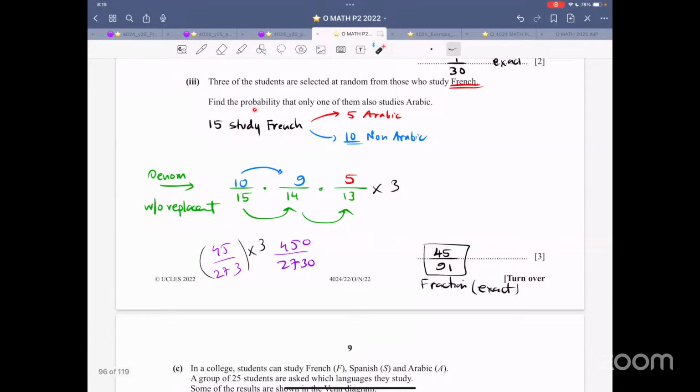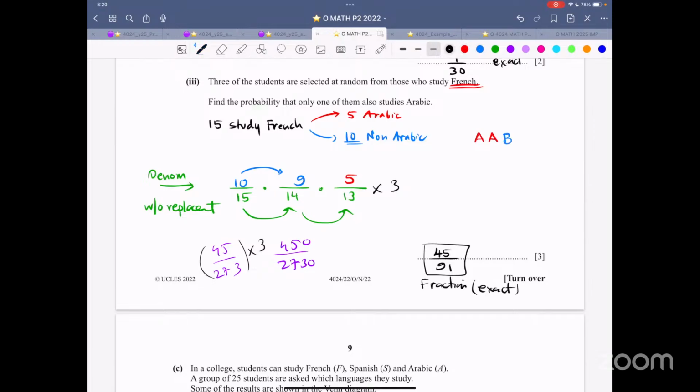Now, what are they asking? Find the probability that only one of them also studies Arabic. So now how many are selected? 3 of them. So 10 non-Arabic, 5 Arabic. So 15, 14, 13 decreases. 10 and 9, non-Arabic, non-Arabic, Arabic, and now the order matters. If I have 3 letters, let's say A, A, and B, in how many ways can they be arranged?